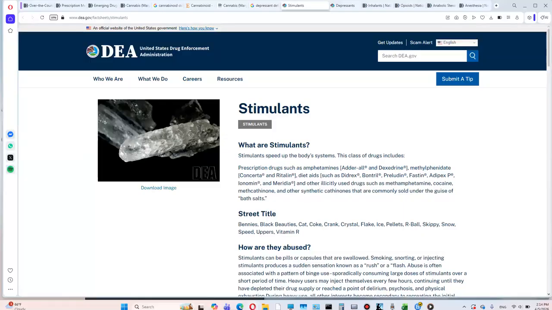This class of drugs includes prescription drugs such as amphetamines [Adderall and Dexedrine], methylphenidate [Concerta and Ritalin], diet aids [such as Didrex, Bontril, Preludin, Fastin, Adipex-P, Lonamin, and Meridia], and other illicitly used drugs such as methamphetamine, cocaine, methcathinone, and other synthetic cathinones that are commonly sold under the guise of "bath salts."